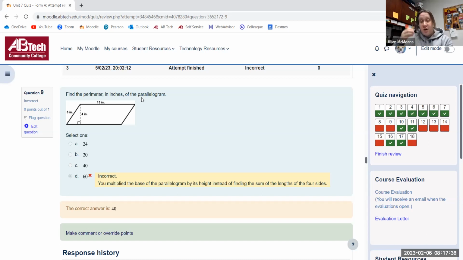So we would do 5 inches plus 15 inches plus 5 inches plus 15 inches again, and that would give us 40 inches total, okay? And I think what you did is you found the area of the parallelogram where you do the height, which is 4 inches, times the base, which is 15 inches, and that would give you 60, but they didn't want the area, they wanted the perimeter, okay?